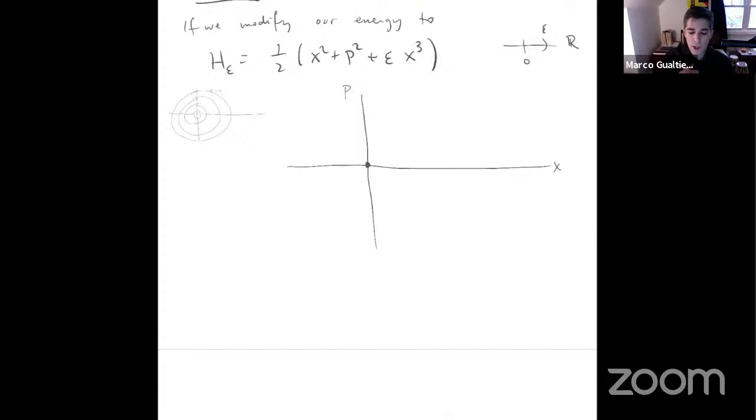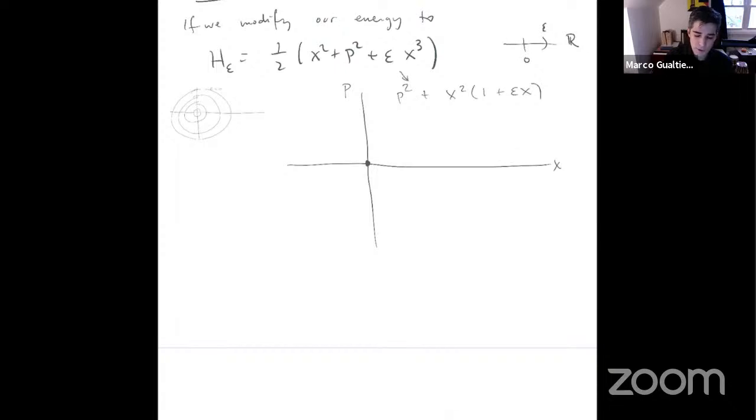But it will also go through another point. There will be some negative number where x squared plus epsilon x cubed vanishes. If I look at x squared times 1 plus epsilon x, plus p squared, if I rewrite this bracketed term in this way, and if I set p equal to 0, then x can be 0, and I'll be on the 0 level set.